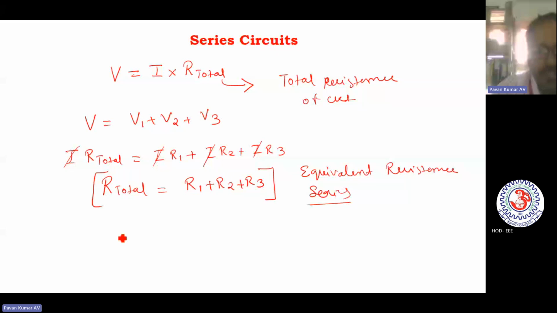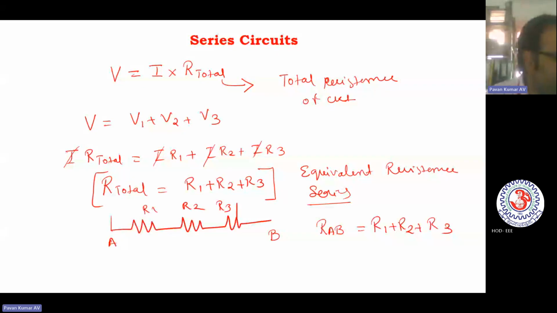Because they are all connected in series, the final resistance will be R1 plus R2 plus R3. So we use this formula to determine that.